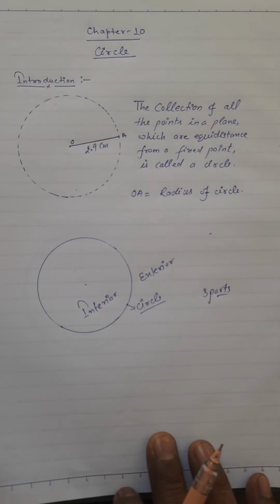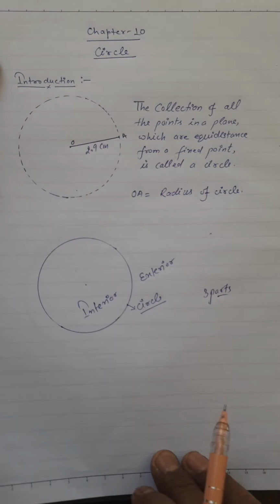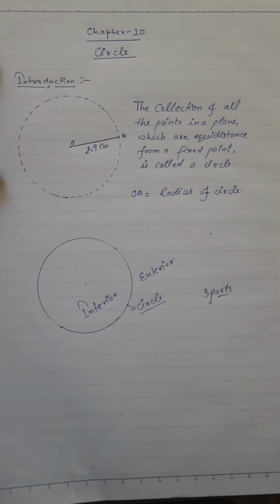Now the next one is, what is a chord? A chord is the line segment between any two points of the boundary of the circle. So I'll show you.